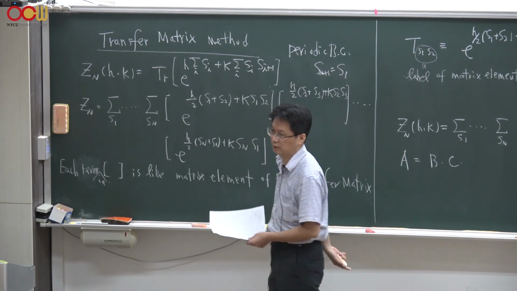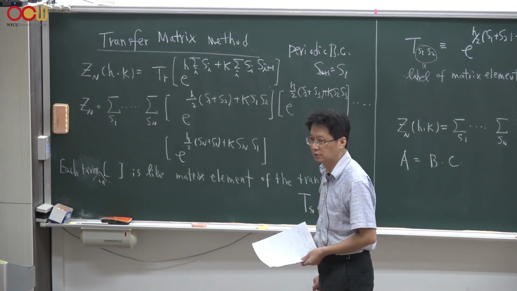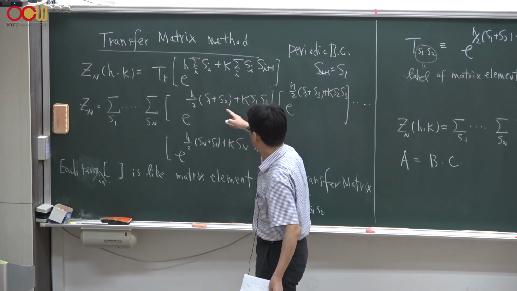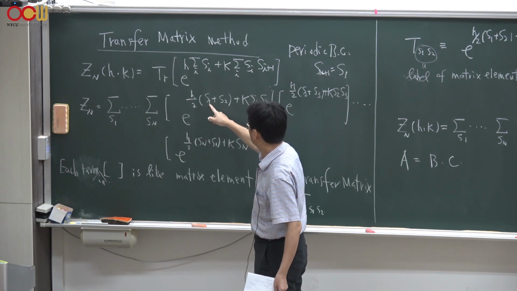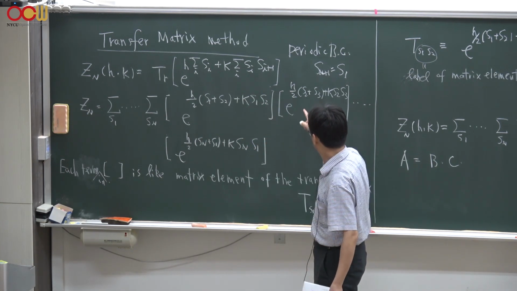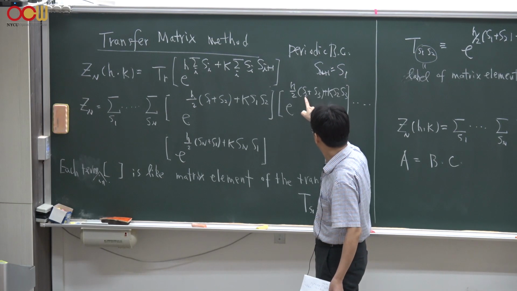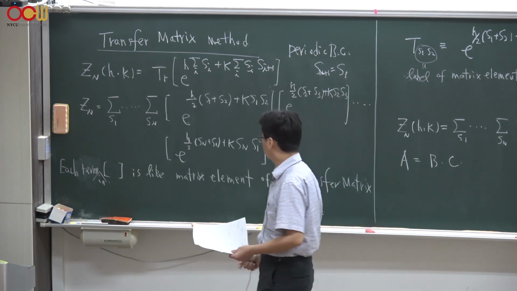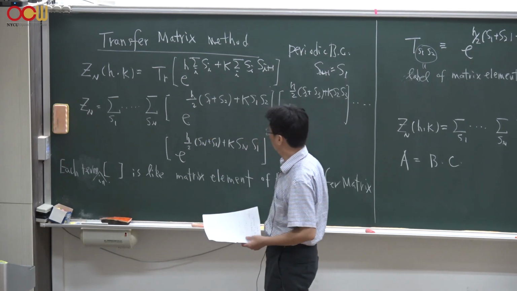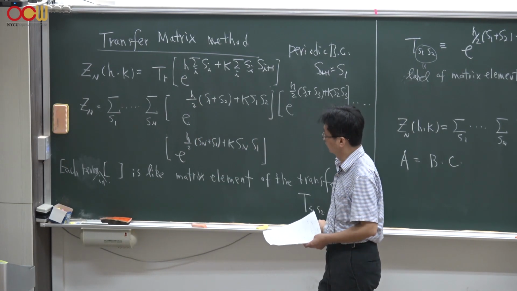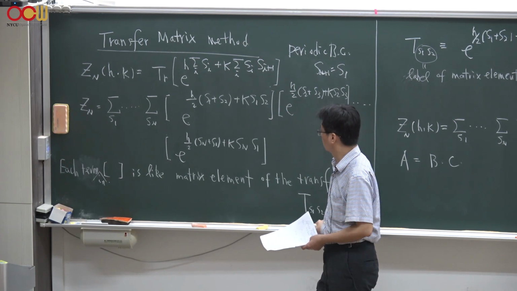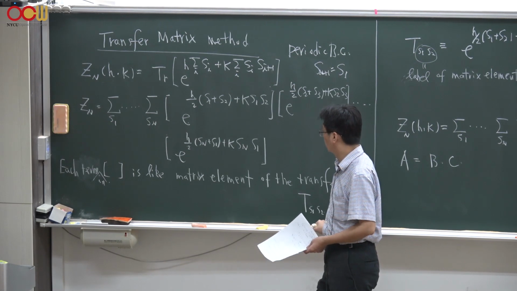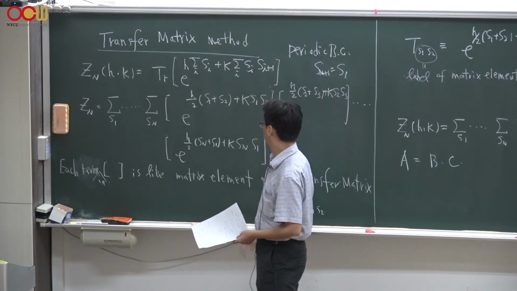So this is the product of all these matrix elements for nearest neighbor spins. For example, the first bracket involves the spins on site 1 and site 2, and the second bracket involves only the spins on site 2 and site 3, and so on and so forth. So we could separate the trace of this Boltzmann weight of all the spins on the chain or on the ring in terms of the product of summation over individual spin variables and of the nearest neighbor spins.